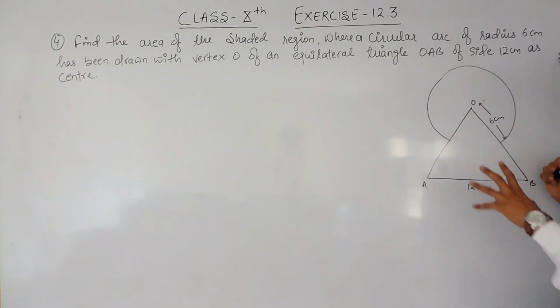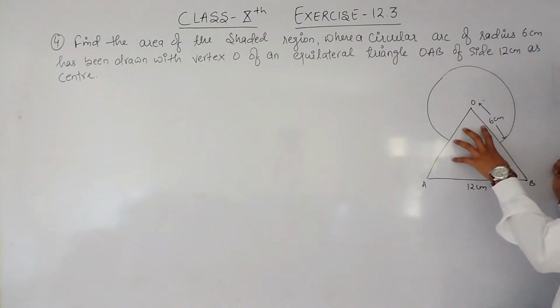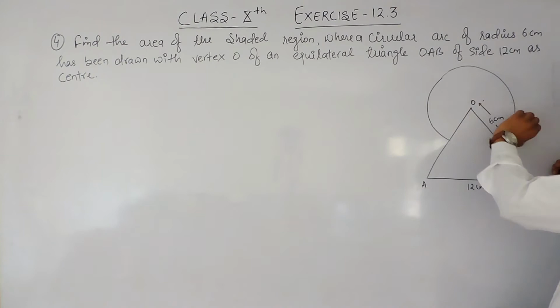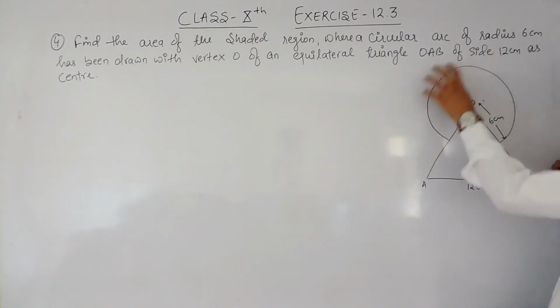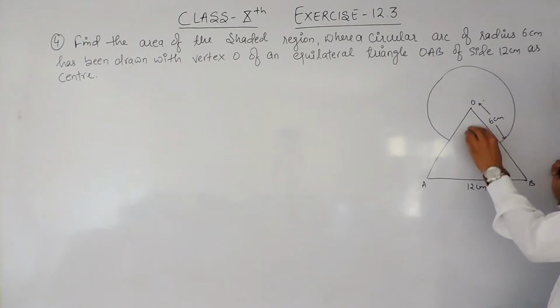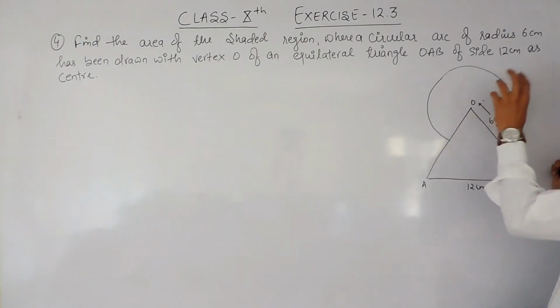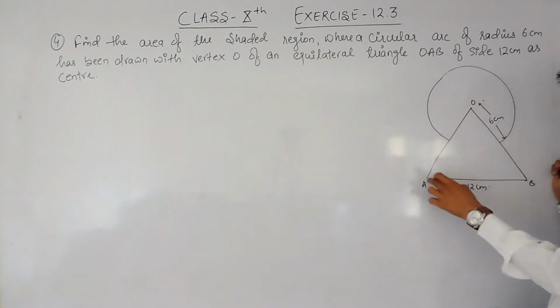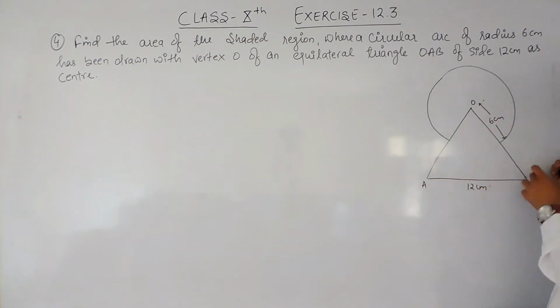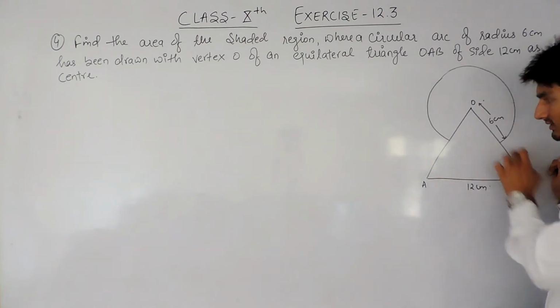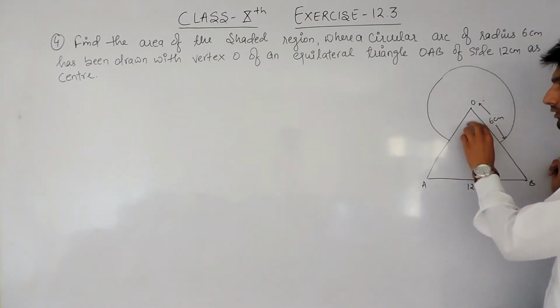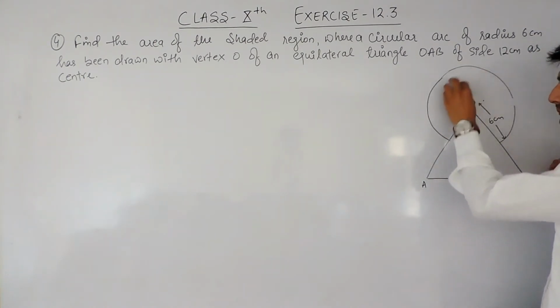First I have to find the area of this triangle, and then I have to find the area of this portion of a circle, not the complete circle, because this portion of the circle has already been calculated in the triangle. So only I have to find out the area of this portion.